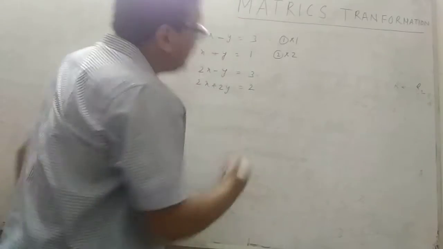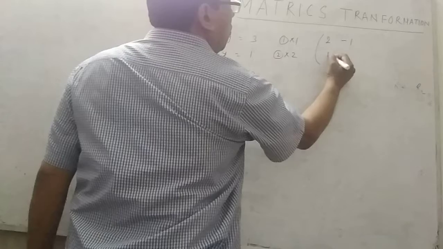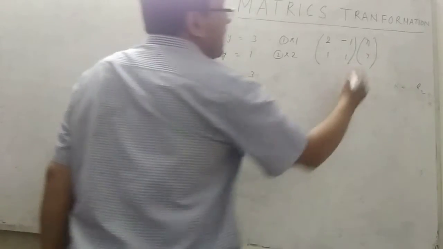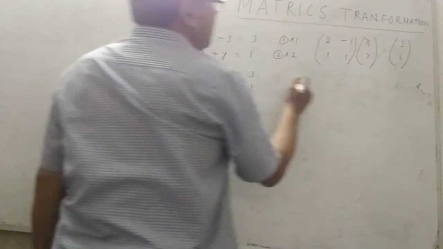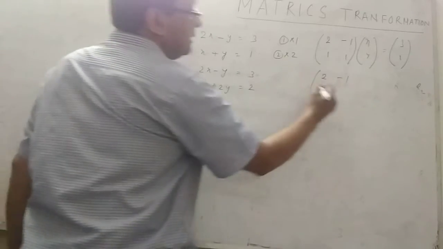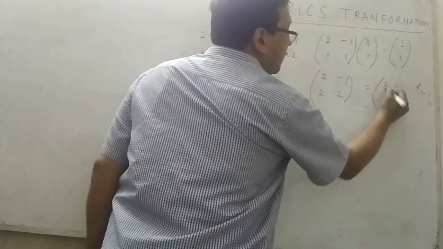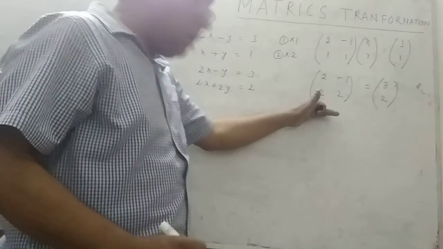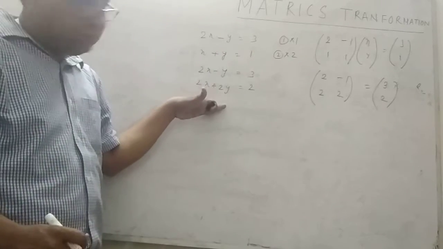These equations I can write in this way: 2 minus 1, 1, 1, xy as the variables, and here I can write 3, 1, and over here this matrix I can write 2 minus 1, and here it is 2, 2, is equal to 3, 2. So how have I got this matrix from this matrix? Similarly, from these two equations, I can get these two equations before solving.